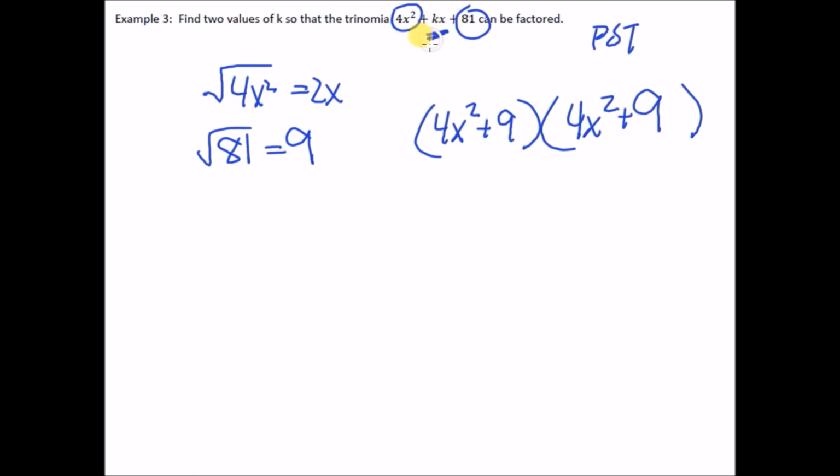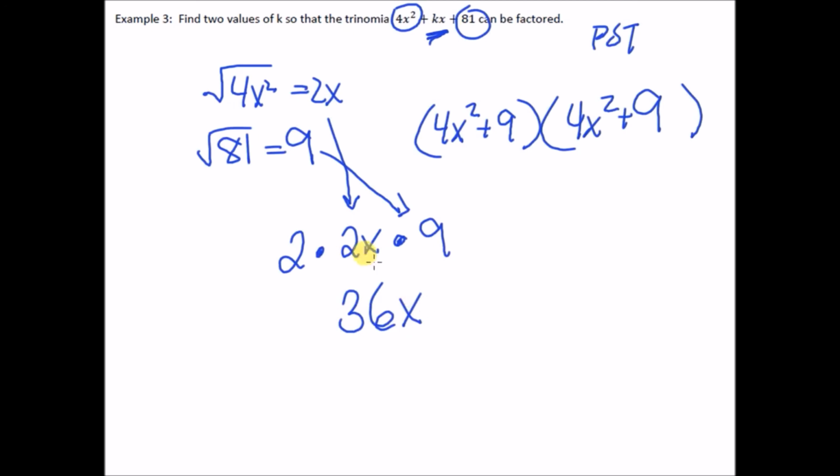So to find this k term, we don't have to go through the expansion. What we have to do is we just have to do 2 times 2x times 9. 2 times 2 is 4. 4 times 9 is 36. So that middle term is going to equal 36x.